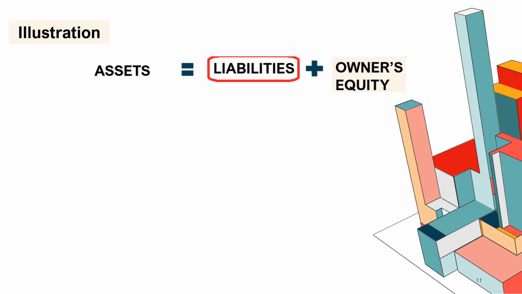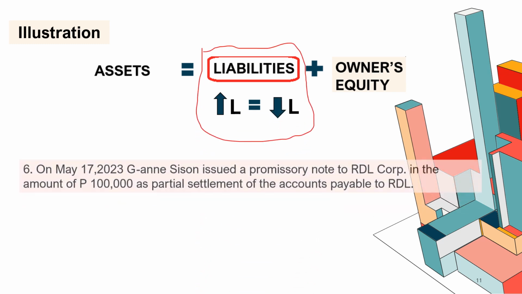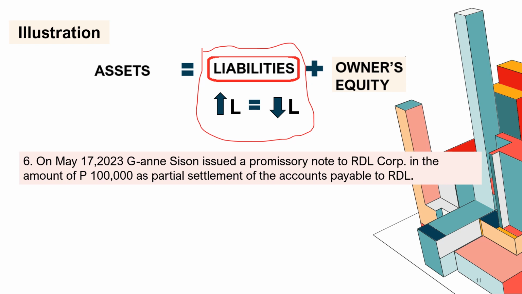Okay, number 6, what if it's the liabilities item only of the accounting equation? Increase in liabilities equals a decrease in another form of liability. Example, on May 17, 2023, GN Season issued a promissory note to RDL Corporation in the amount of 100,000 as partial settlement of the accounts payable to RDL. What are the items affected in our accounting equation? Remember, GN Season issued a promissory note. So that's notes payable, another form of liability, and that is as partial settlement of the accounts payable, which is the previous liability.